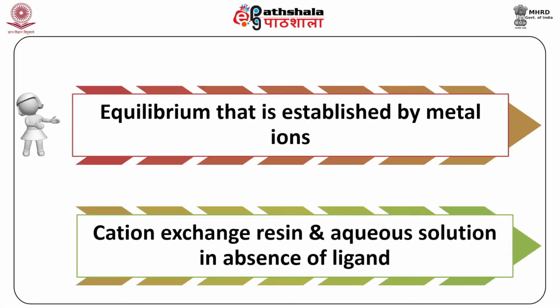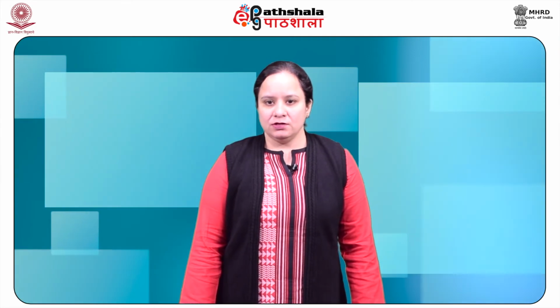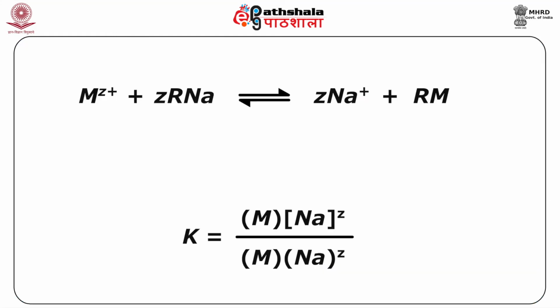Consider the equilibrium that is established by the metal ions between the cation exchange resin and the aqueous solution in the absence of a ligand, that is, in the absence of a complexing agent. If the univalent sodium ions on the cation exchange resin are exchanged with a multivalent cation, the following equilibrium is established.